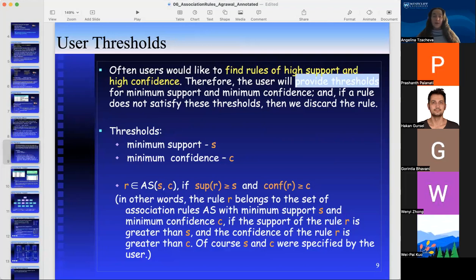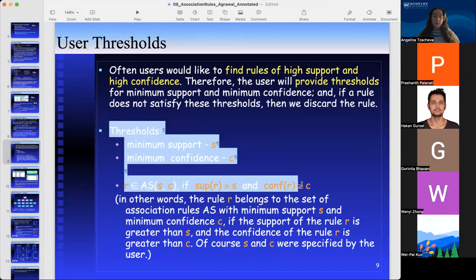Earlier we said the item set is considered frequent if it's bigger than 3. The user is the one who will provide this number. What does it mean to our organization that this set is frequent? How many times does it need to happen for us to consider it frequent? So there are two thresholds they will provide, the minimum support and the minimum confidence.